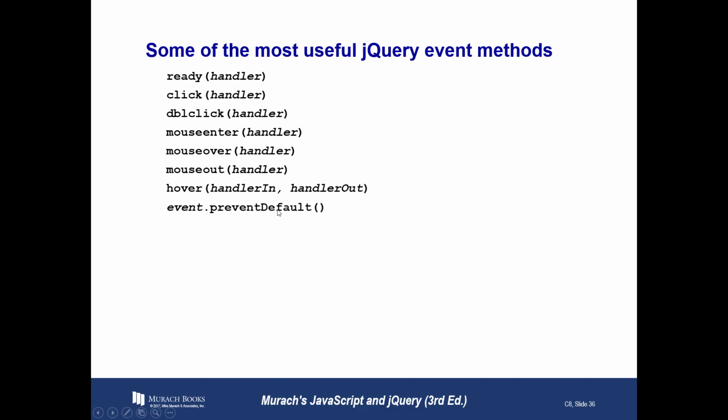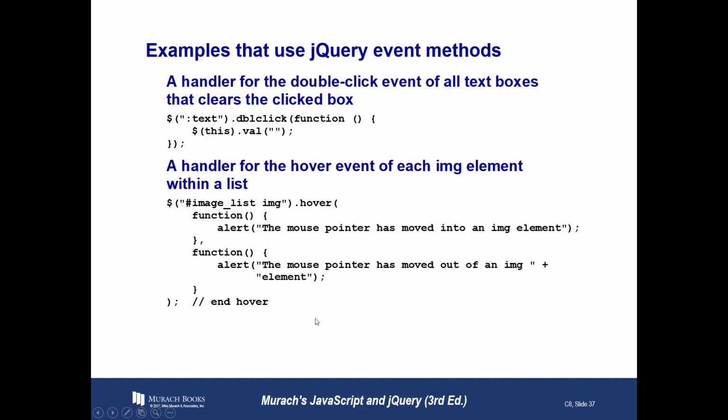You can do an event.preventDefault. Most often you put this in there after somebody clicks a hyperlink, if you want to make sure they don't go anywhere until something happens, maybe a test passes or whatever. So again, more examples. The only way you become proficient in something like this is practice, practice, practice.